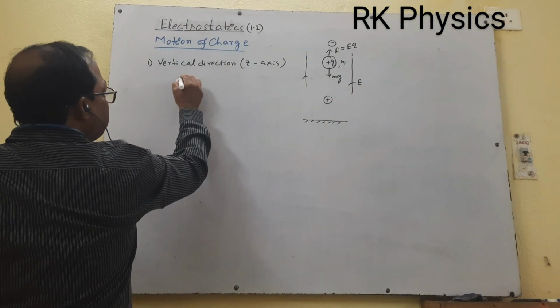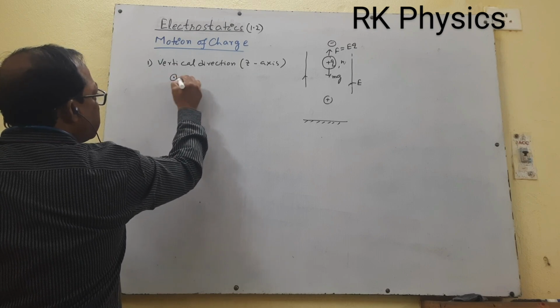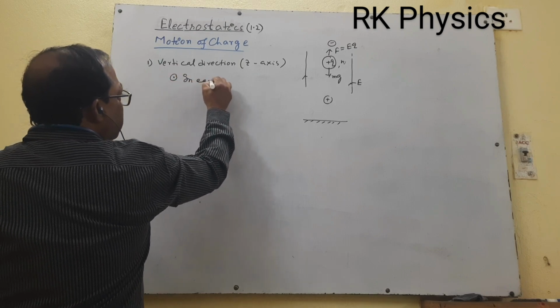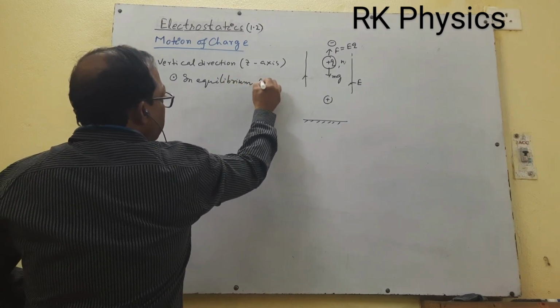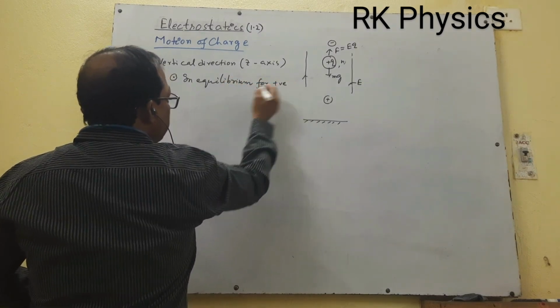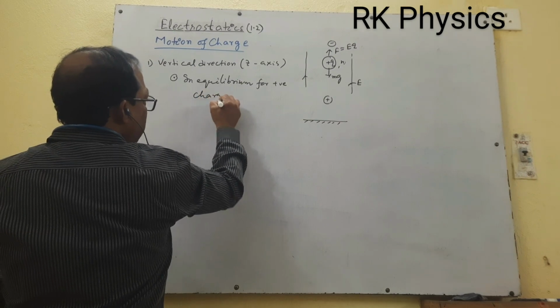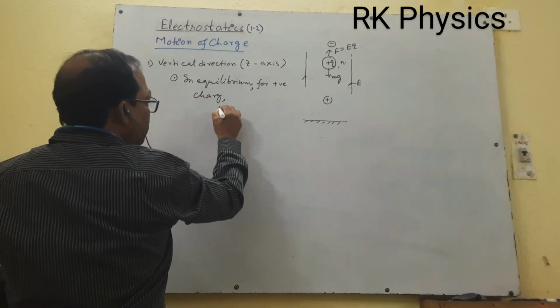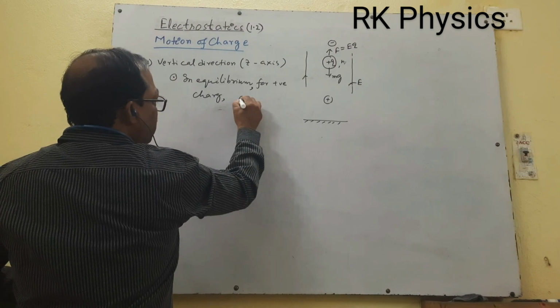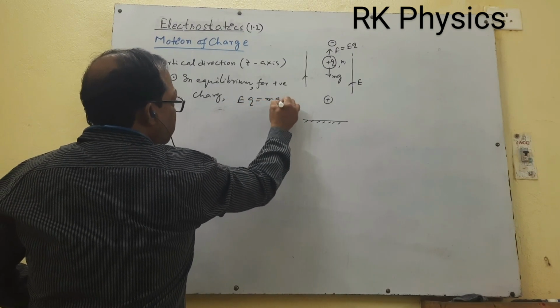Therefore, along vertical direction, first point is equilibrium. In equilibrium for positive charge, this is the condition: you write EQ equal to mg.